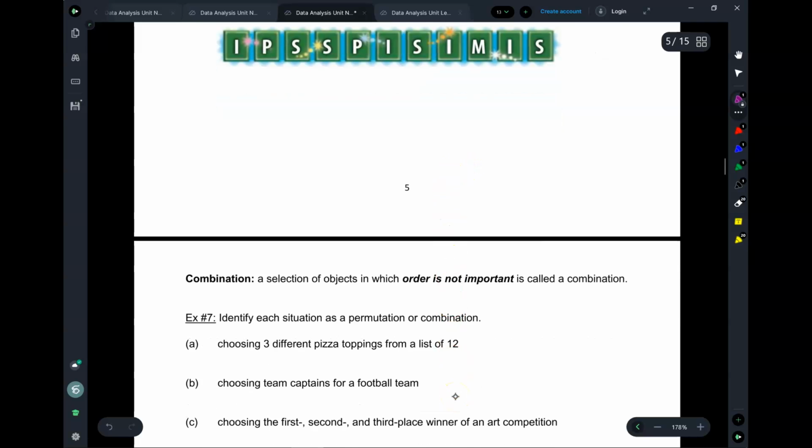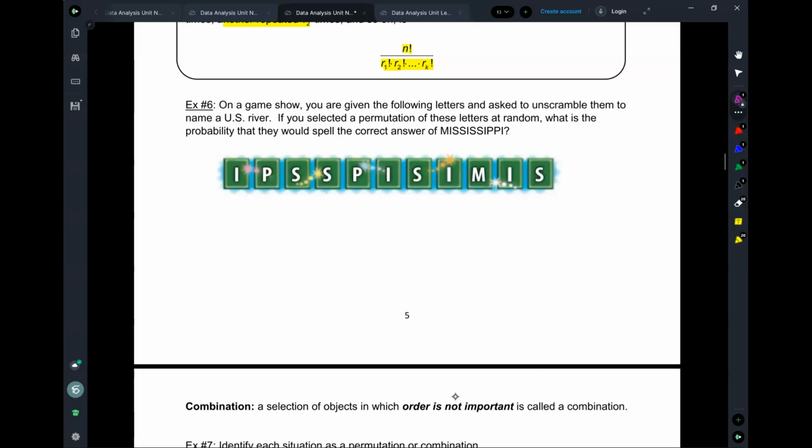Okay, so how many total letters are there? 11 total. So that's N. Okay? So what's the formula? It's N factorial over R1 factorial, R2 factorial, and so on. Okay, so how many I's are there? 4.